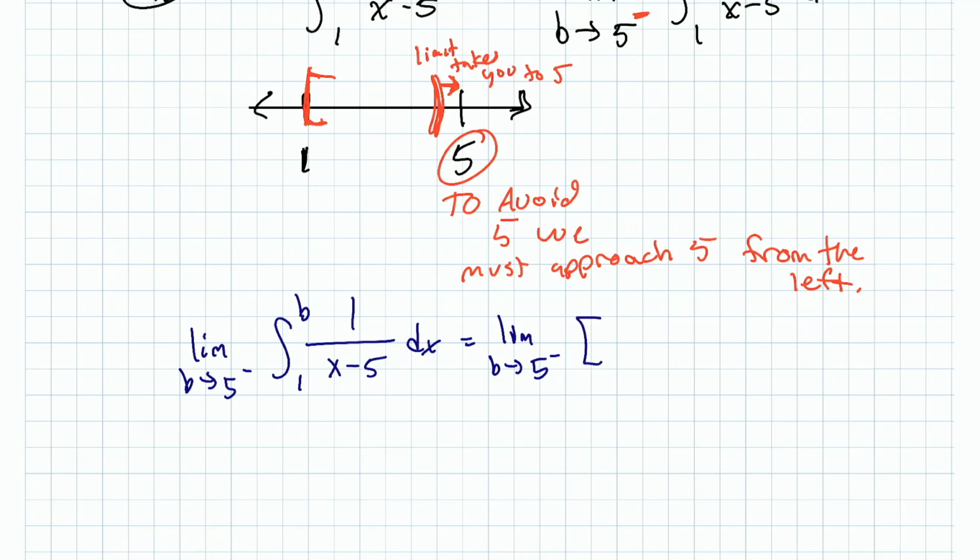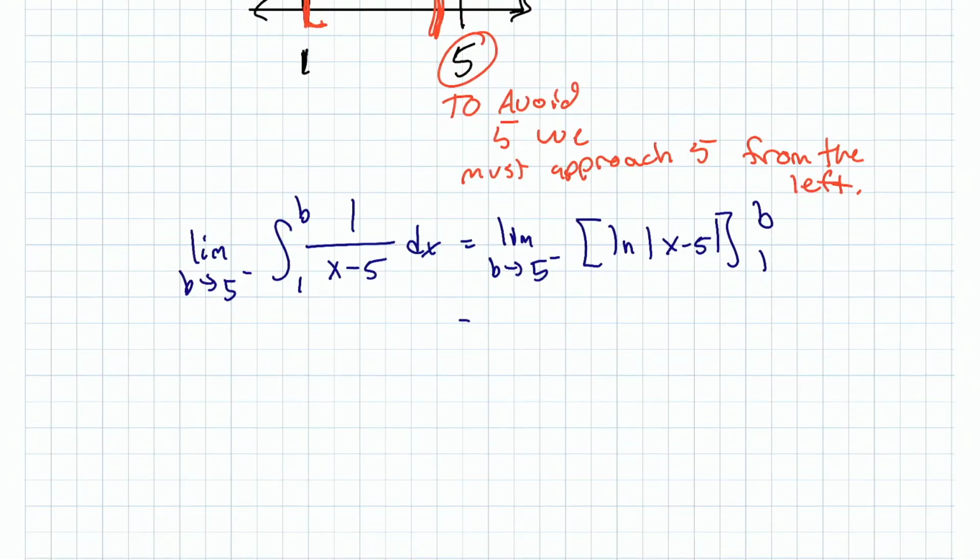So I'm just going to say ln absolute value of x minus 5, from 1 to b. So you've got ln absolute value of b minus 5, minus ln absolute value of 1 minus 5.